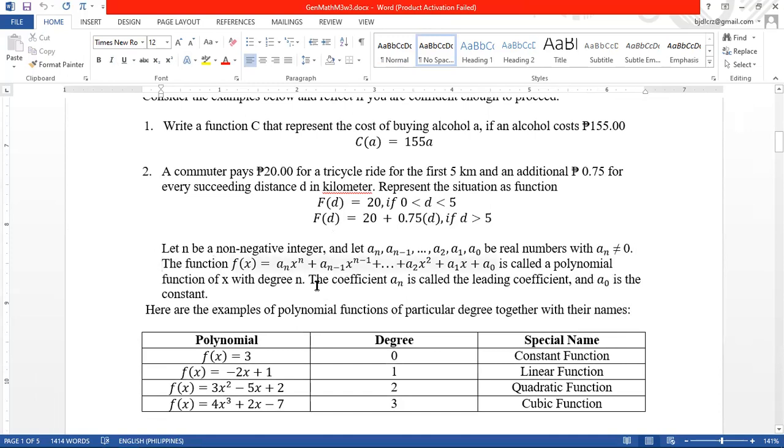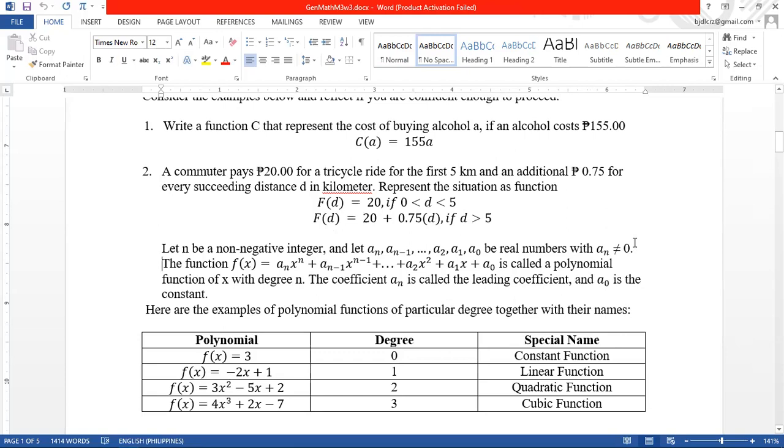So the function f of x is equal to a sub n x raised to the power of n plus a sub n minus 1 x raised to the power of n minus 1 plus so on plus a sub 2 x squared plus a sub 1 x plus a sub 0 is called a polynomial function of x with degree n.